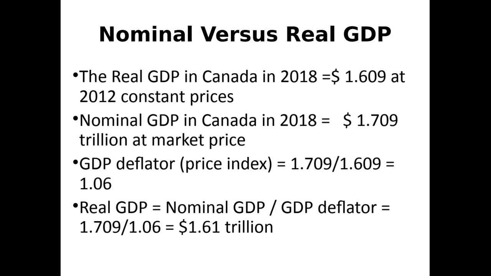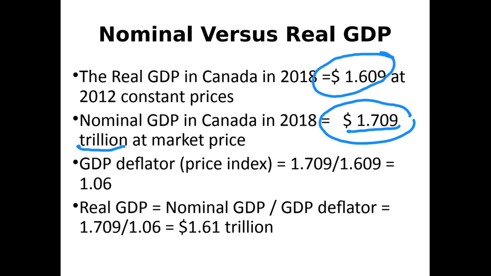Okay. And nominal GDP in Canada in 2018, the same year, using the same market price, is written here. Nominal GDP is this. Real GDP is this. So the impact of price we can easily calculate. The impact is 1.79 divided by 1.69.